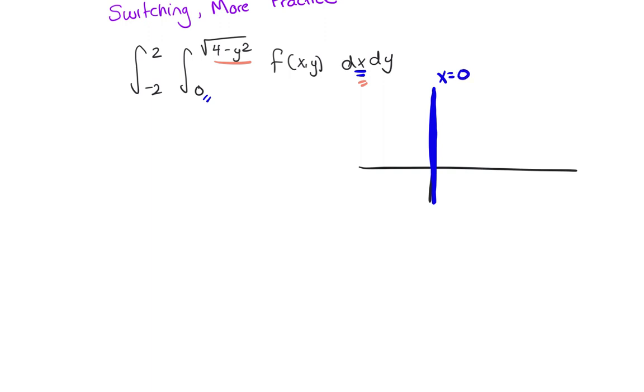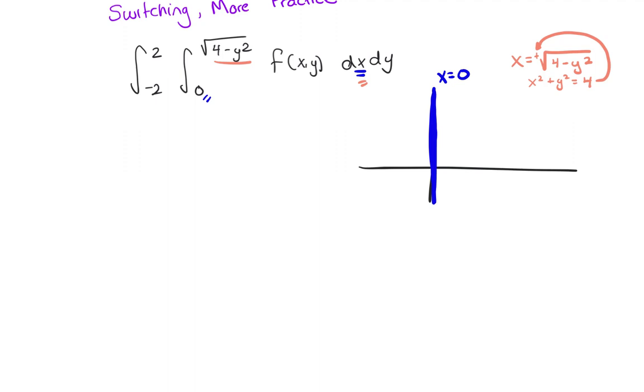And then if I have x equals the square root of 4 minus y squared, maybe it's sometimes hard to picture what this is, but if we square both sides and add that y squared over, we should be able to recognize that this is a circle of radius 2. Because it was written as a square root with only the plus there, I only have the positive x parts of this circle.